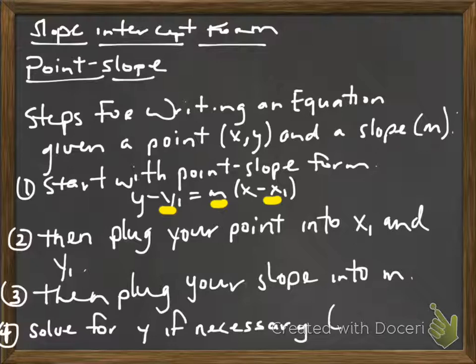If I take this equation and imagine there's numbers in here, what does solving for y do? Yeah, it puts it in slope-intercept form. That's exactly right. If you solve for y, it's so that you're in slope-intercept form.